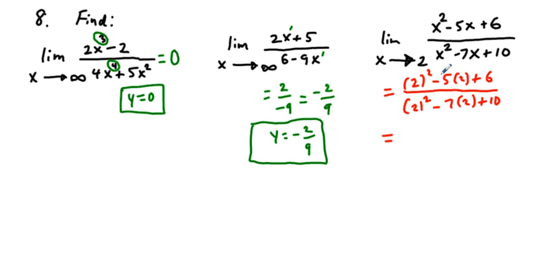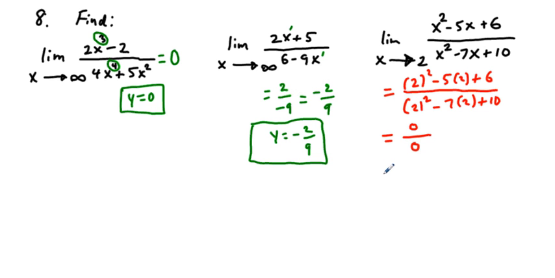We have 4 minus 10 plus 6, so we get 0 in the numerator. In the denominator, we get 4 minus 14, which is negative 10, plus 10, 0. So we have more work to do.